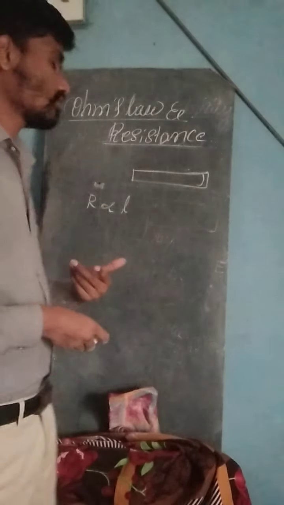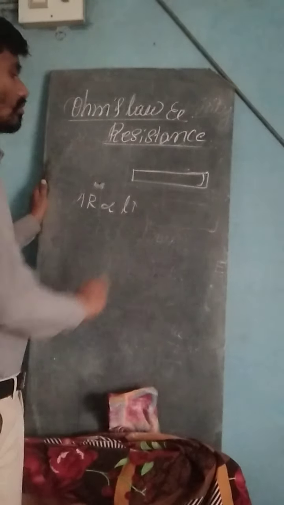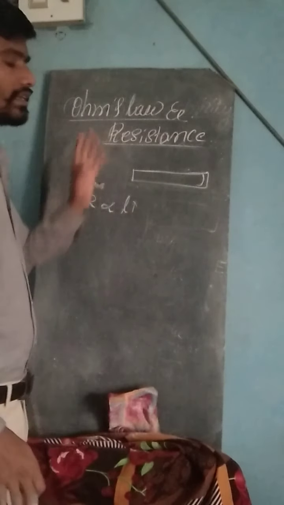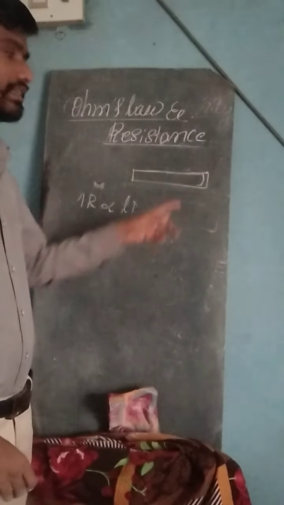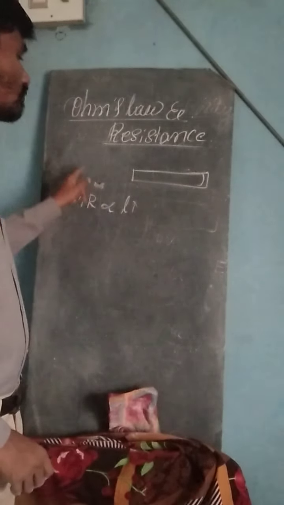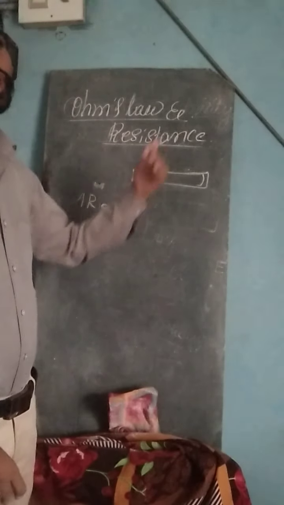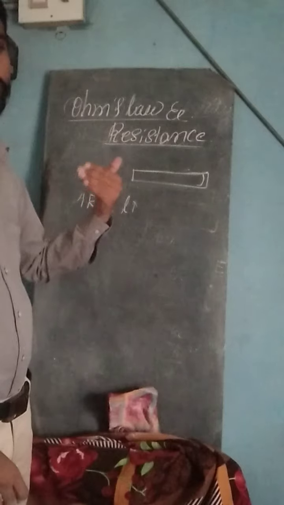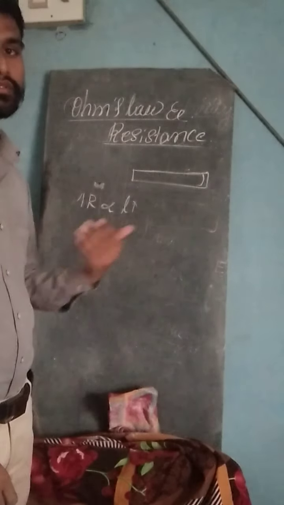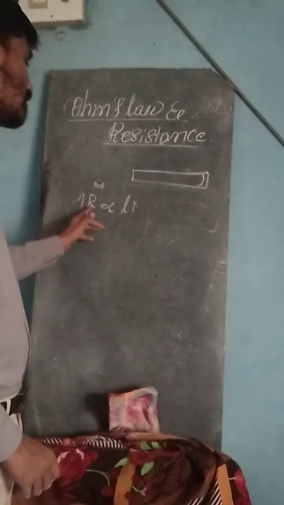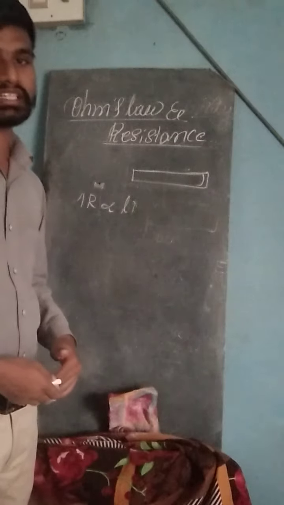What happens to the resistance? Resistance also increases. How? If I apply an external potential to this conductor, the charges will take a long time to move in this conductor. So resistance increases and the current decreases, because the current is inversely proportional to resistance. That's why, if length increases, obviously the resistance also increases.